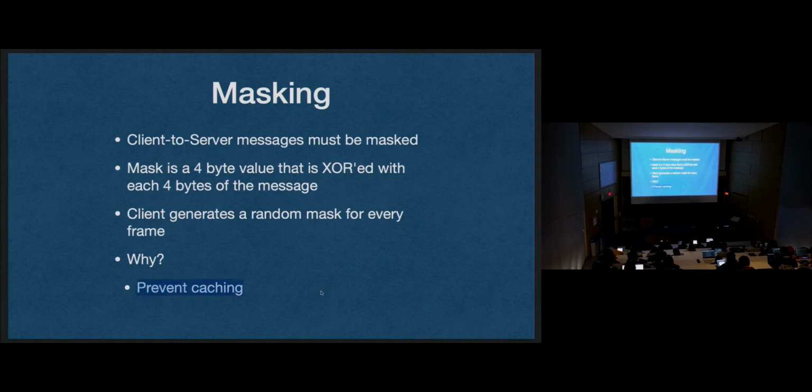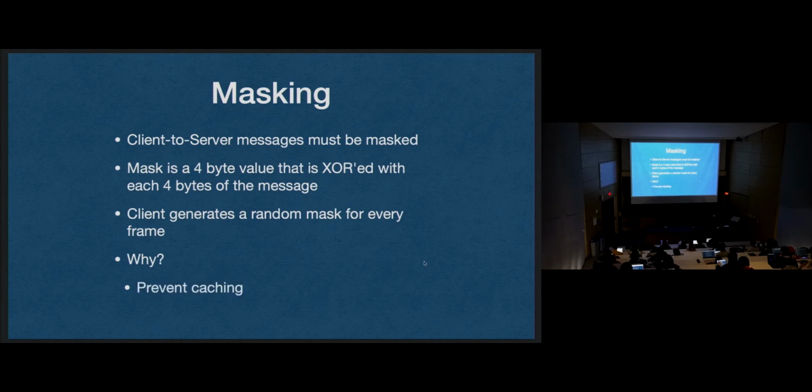If you're sending messages that look very similar, if they are identical, somebody says the same thing to the chat twice, some aggressive caching system might want to cache that and just return the response, but we need that message to actually make it to the server. So we want to avoid that caching. With 4 bytes of random data, we have a very small chance that that is going to be identical to another message. We have a random mask. The browser is going to generate the random mask, mask all the payload, make sure those things look different, and prevent that caching, no matter how aggressive.